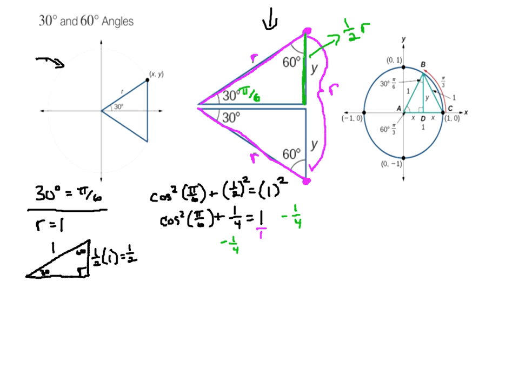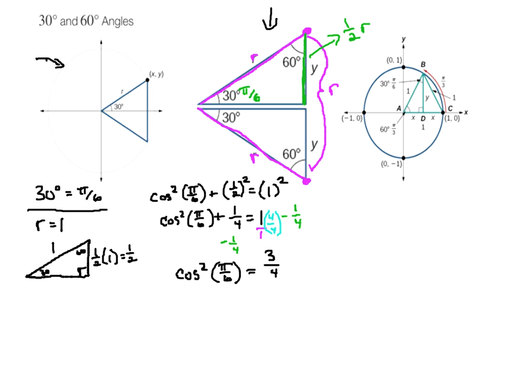So I need to create a denominator of 4 by multiplying by 1 in my clever form, 4 over 4. So I have the cosine squared of pi over 6 is equal to, well, 4 minus 1 is 3/4.